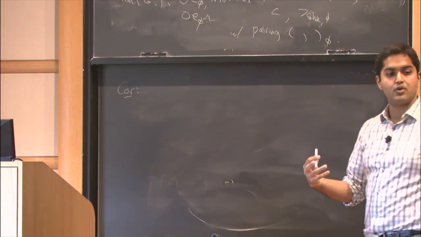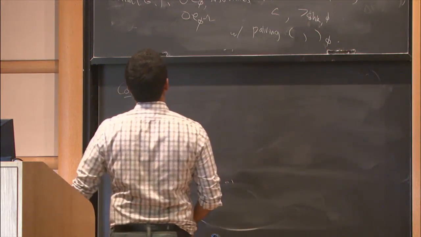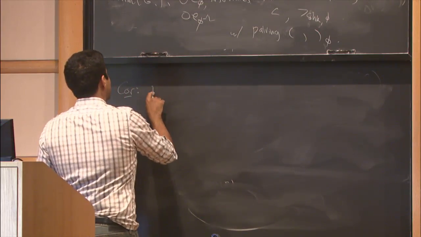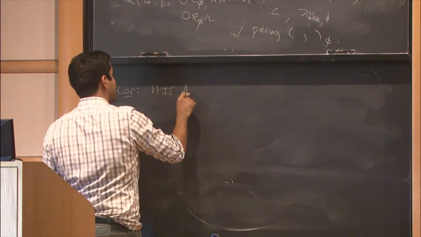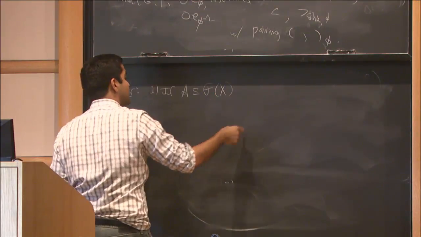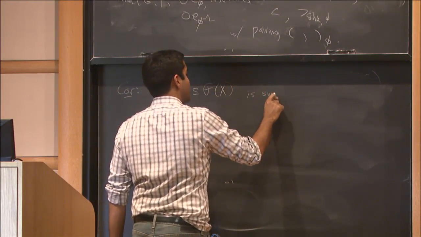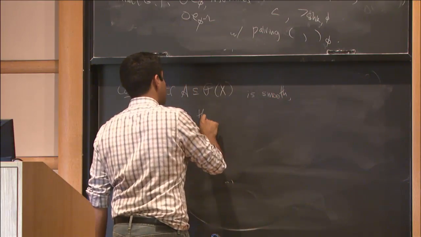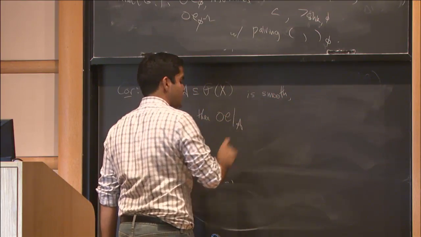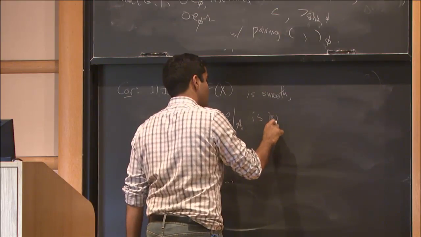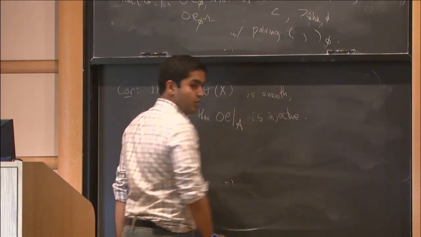Once you have them, there's an interesting corollary which tells you that if you found smooth subcategories of your Fukaya category, you actually know quite a lot about OC maps. So the corollary is that if you have a subcategory of the Fukaya category that is smooth, then OC restricted to that subcategory is injective. Why?